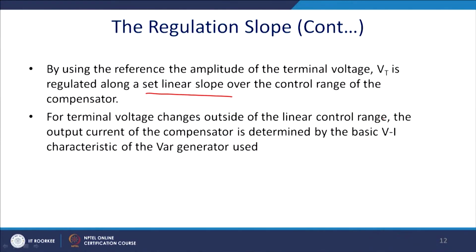By using this reference, the amplitude of the terminal voltage Vt is regulated at a linear slope over the control range of the compensator. For terminal voltage ranges outside the linear control range, the output current of the compensator is defined by the basic V-I characteristics of the Var generator.